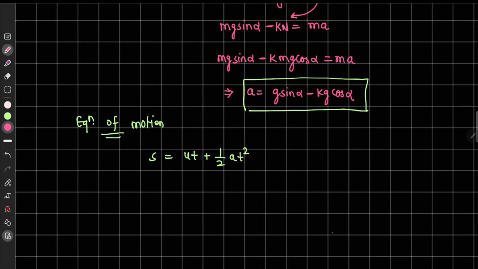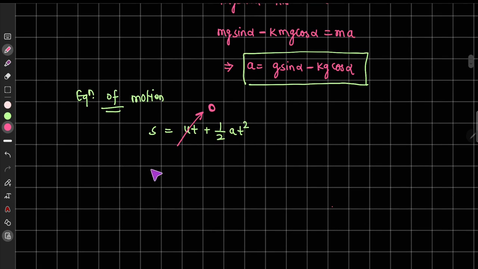So in this particular case, initial velocity is equal to 0, so we can write the displacement is equal to half into the acceleration we have found out here, that is g sin alpha minus k g cos alpha, into t square.